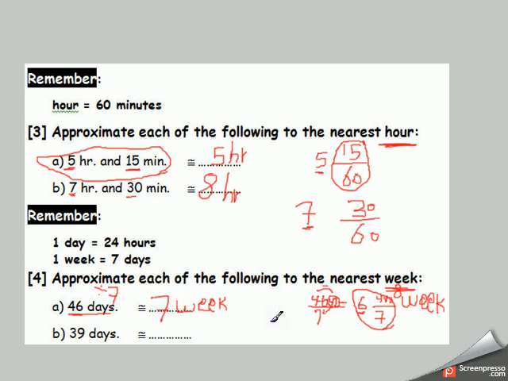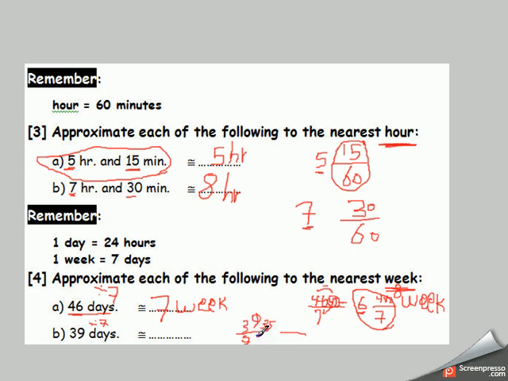The next example, 39 over 7, mister, because the days, when I convert them to weeks, I should divide by 7. Excellent. 39 over 7. This is improper, mister, I want to convert it to a mixed number. What's the number less than 39 and in the table of 7? 35, mister.